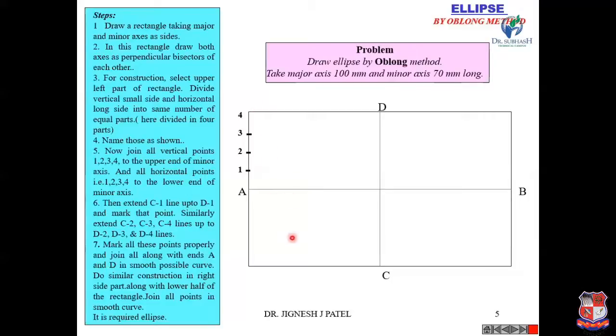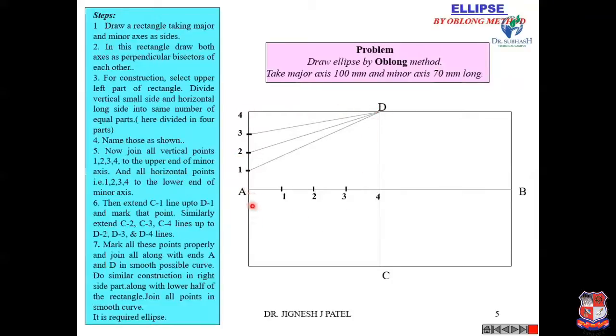4. Okay. Now similarly, we have to mark points on this line AB, and name them 1, 2, 3, 4. Okay. Now you have to remember that the points are marked from A on this vertical line as well as the horizontal line. Now join 1D, 2D, 3D, and 4D is already joined.